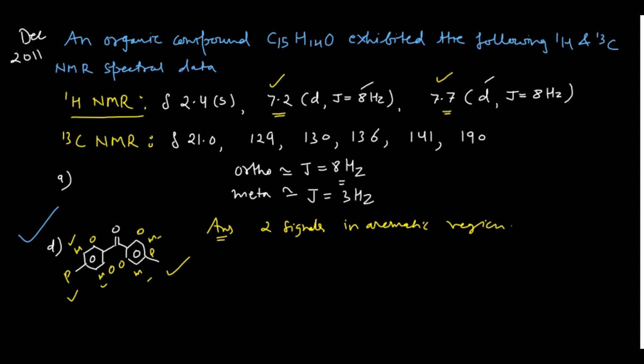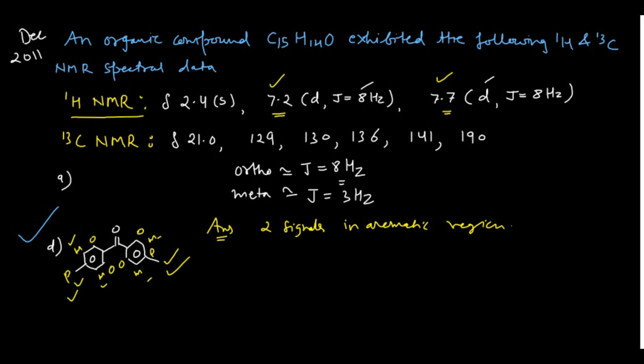Now you can check for the values of your chemical shift also. So this CH3 is there, right? So what is written here, 2.4 singlet. So this is actually the singlet at 2.4, okay, and this is also the same, because they are symmetry equivalent.